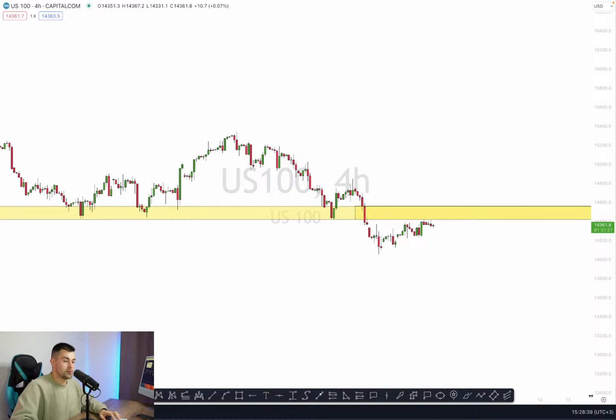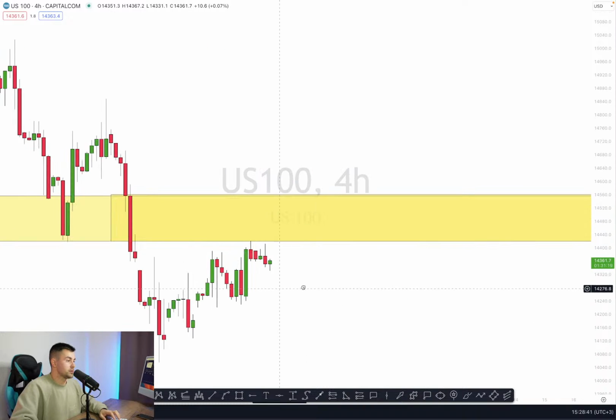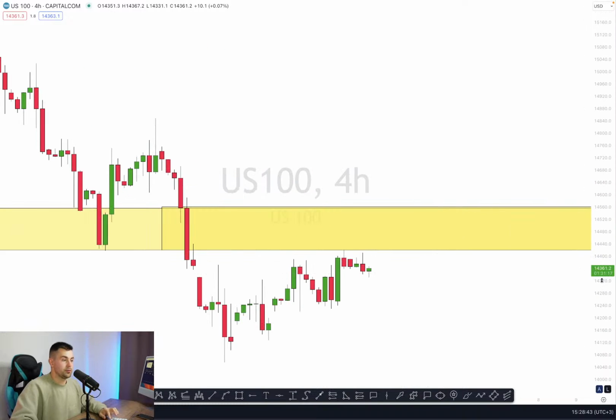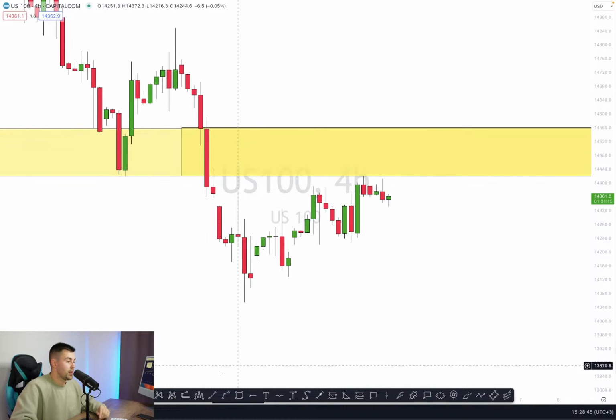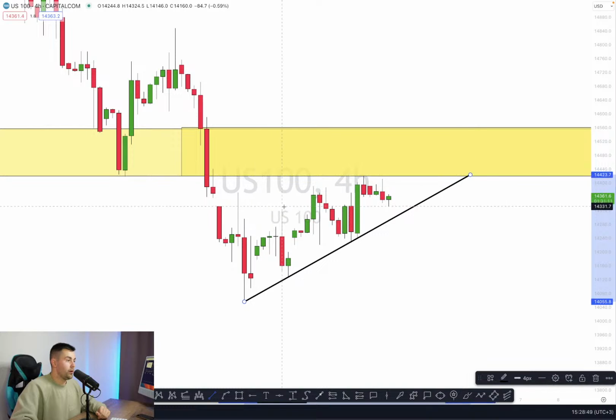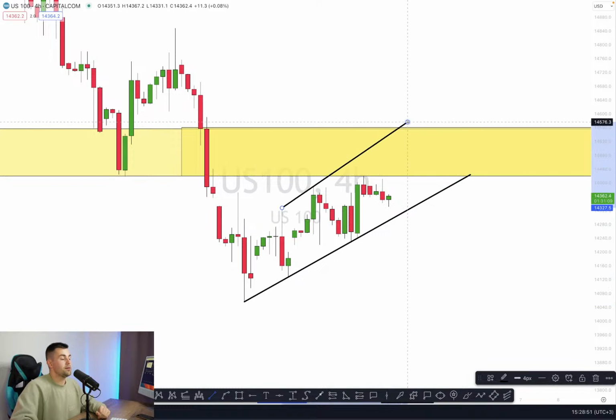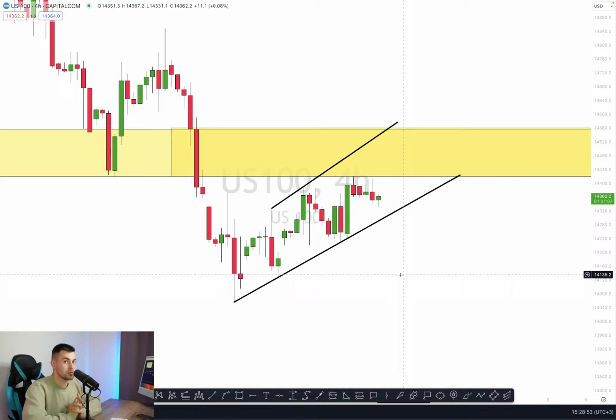A couple of words also about the intraday time frames analysis, because if we open the 4-hour time frame, take a look what I spotted. Here, you can see that on the index, we have a very perfect bearish flag pattern. You can see that the price formed a bearish flag, and currently we are perfectly trading within the boundaries of the flag, right?